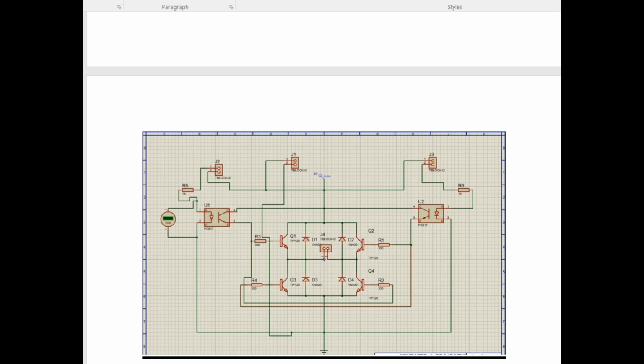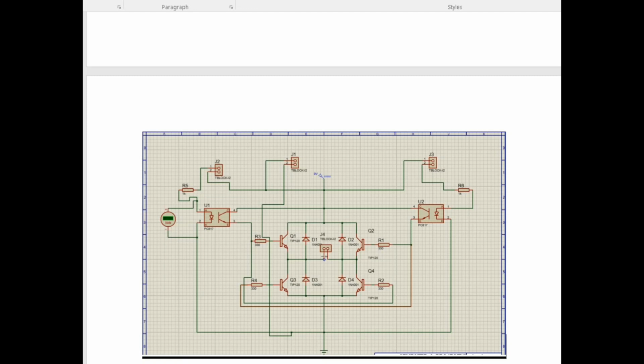And the T-block J1 is a voltage source, and we have 9 volts supplying. Now coming to R5 and R6, these are 1 kilo ohm resistors. Then this is the PC817, which is an optocoupler. We will discuss what they are doing, their requirement, their functionality, and their applications. We will be discussing everything in detail.